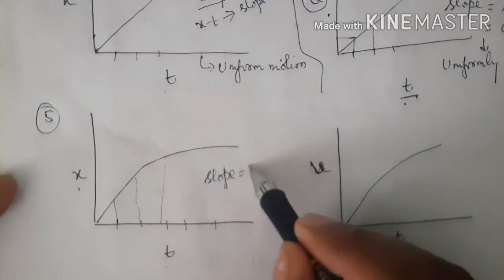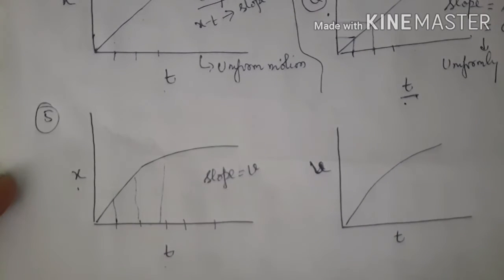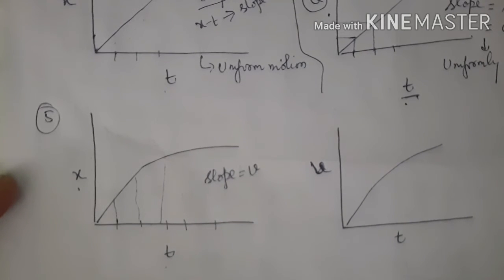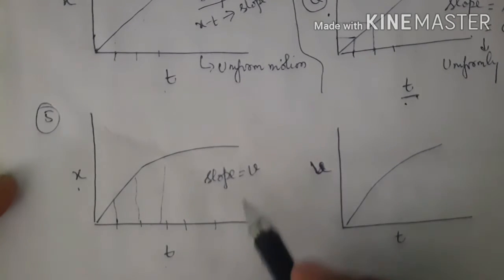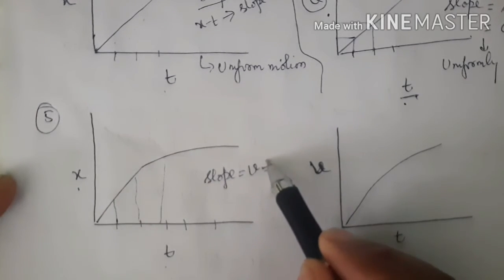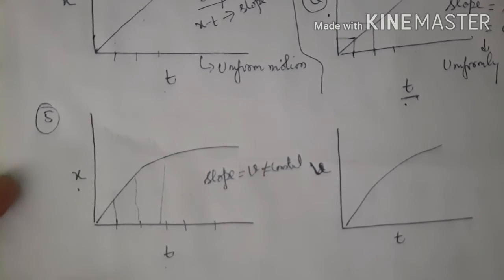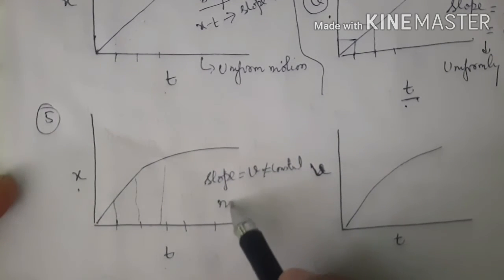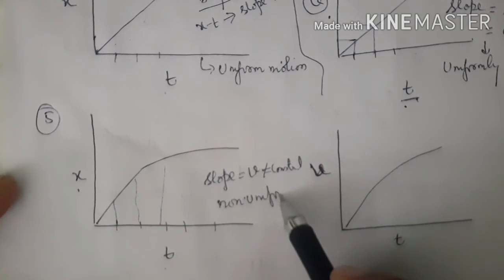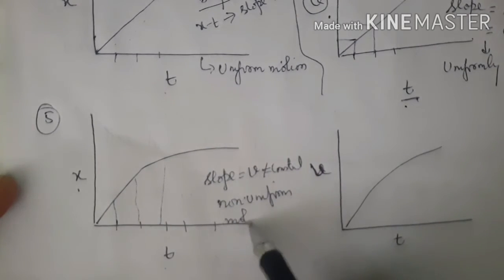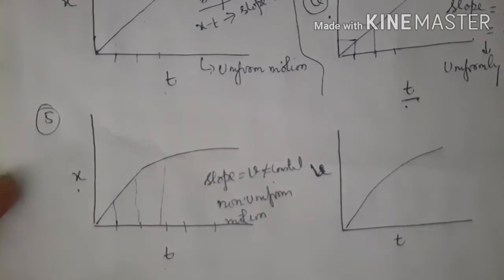Slope here represents the velocity. So the slope is not constant. If it is not constant, which kind of motion is it? It is non-uniform motion.